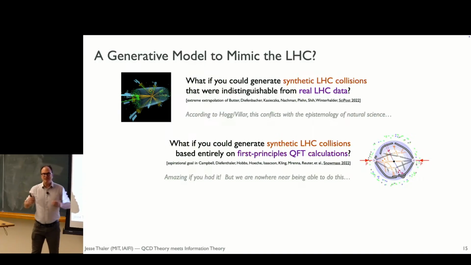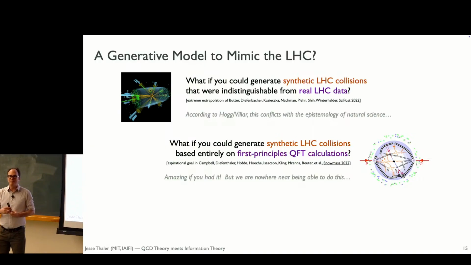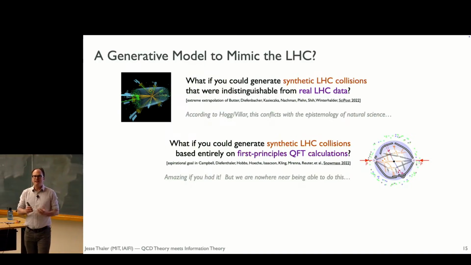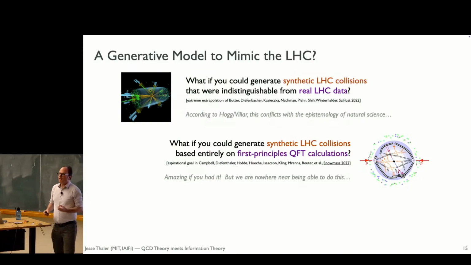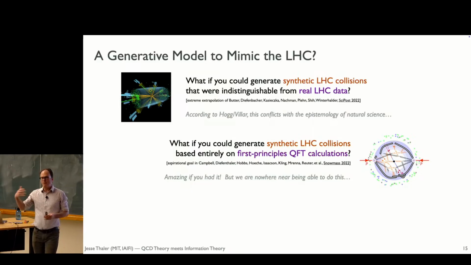And people here at IPhT have worked on various strategies to try to quantify the similarity between synthetic data and real data and put a number on it. One way of thinking about putting that number on it is like thinking about the p-value, like saying, given data that I've observed, can I say with some probability that the data that I observe is distinguished from the underlying model with some fidelity?